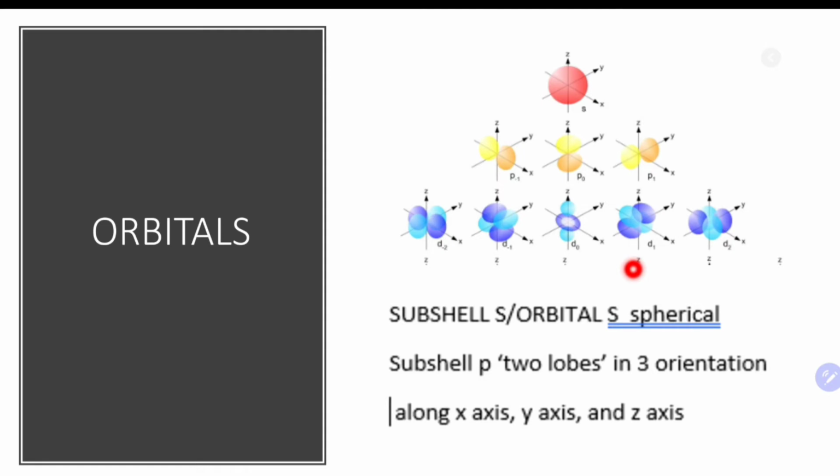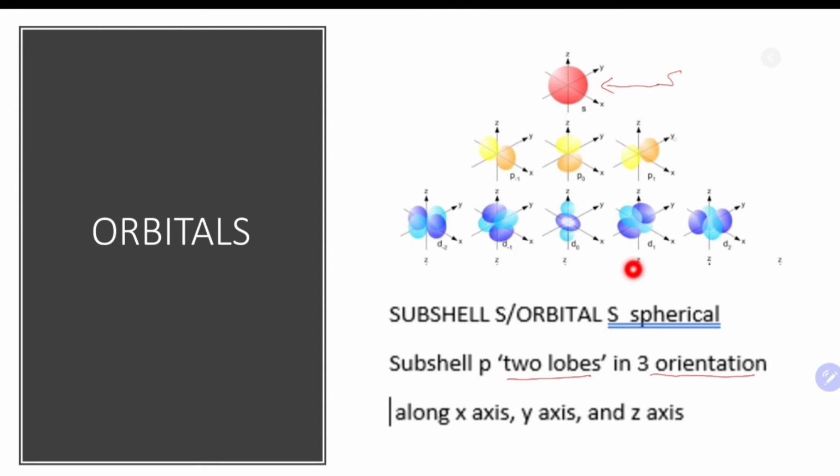Continue with the shape of orbitals. For s it is spherical, this one is s. For p it has 2 lobes in 3 orientations, along axes y, x, and z.